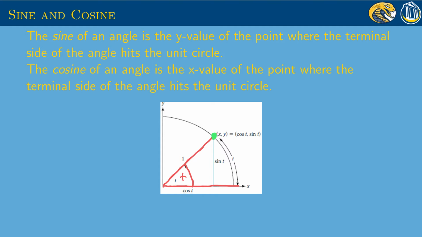Similarly, cosine of this angle, cosine of t, is the x value of this same green point. As it says in the equation, x equals cosine t, and y equals sine of t. And this will be true no matter how big the angle t is.